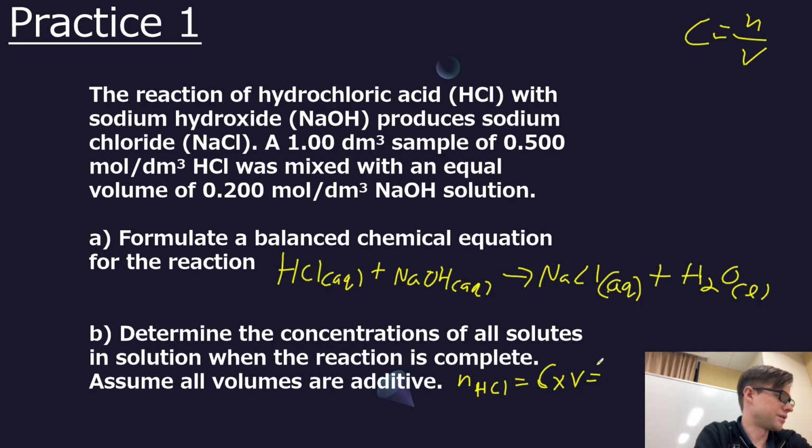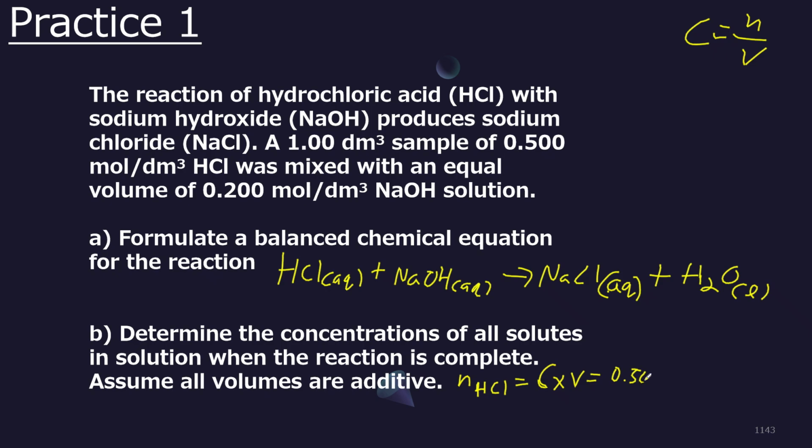So the concentration of HCl is 0.5. And the volume of HCl was 1 decimeter cubed.